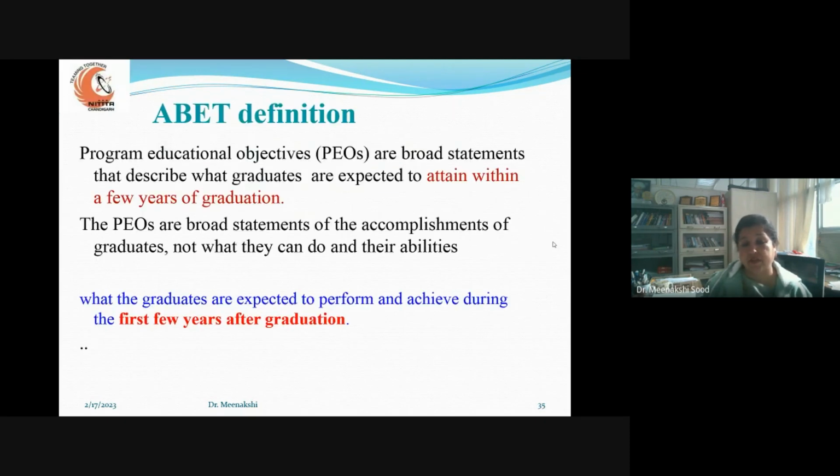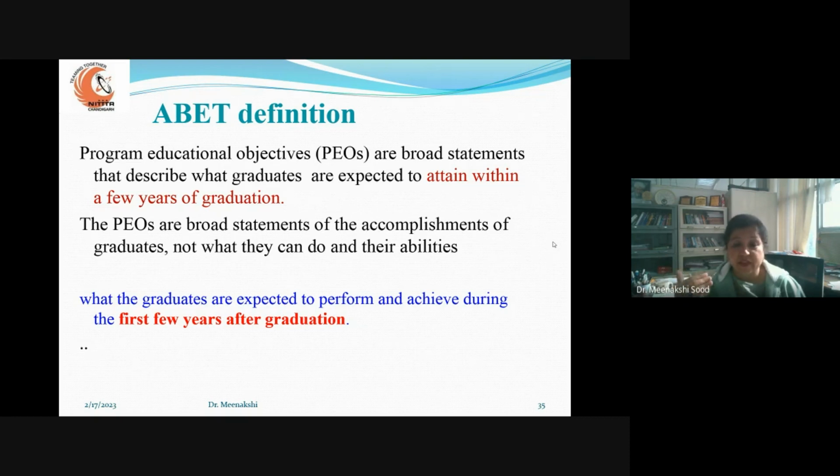These objectives are statements of what we expect of graduates, say 4 to 5 years after graduation. It is a very broad statement of the accomplishment of graduates: once he has completed his BTech, whether he has gone for higher studies, like a Masters or MBA, or has joined a company, and how his professional career has escalated, his pay scale, or his role.